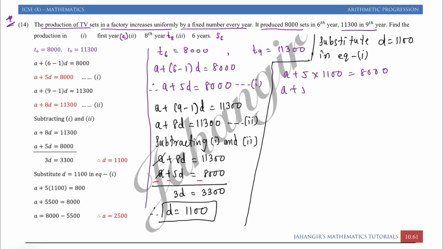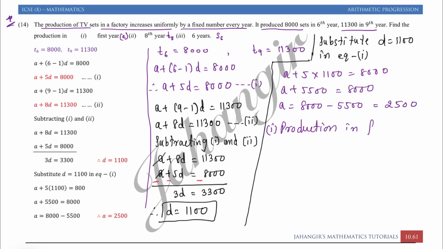So A plus 5,500 is equal to 8,000. So therefore A is equal to 8,000 minus 5,500, that is equal to 2,500. The first answer we got as production in first year.